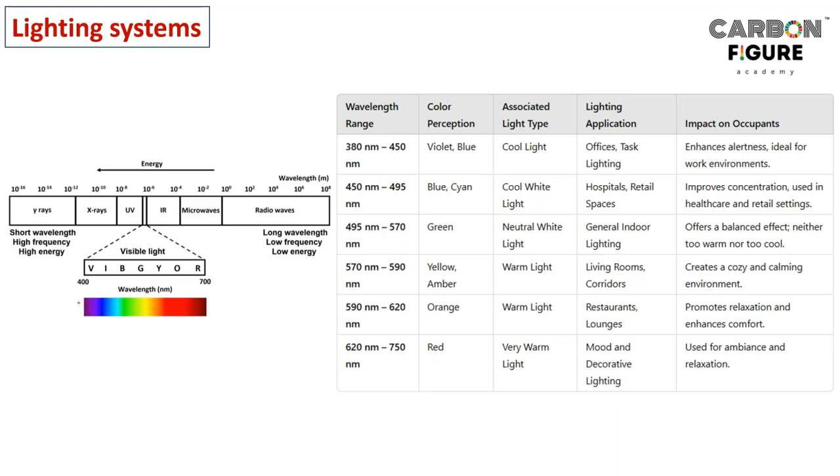Apart from this visible light band, we have gamma rays, X-rays, UV, infrared, microwave, and radio waves. Their wavelengths fall within the range of 10 power minus 16 to 10 power 8, which is the typical wavelength in terms of meters.